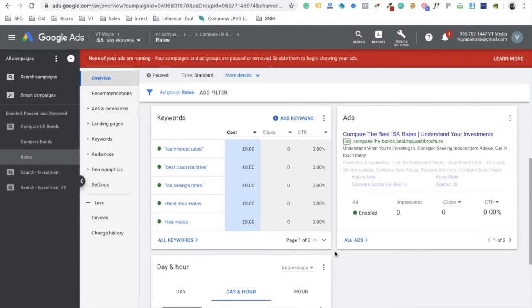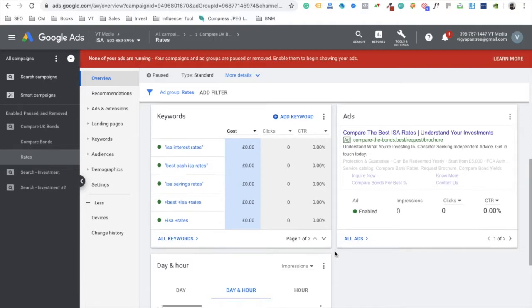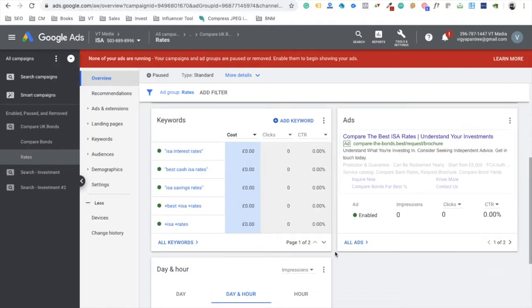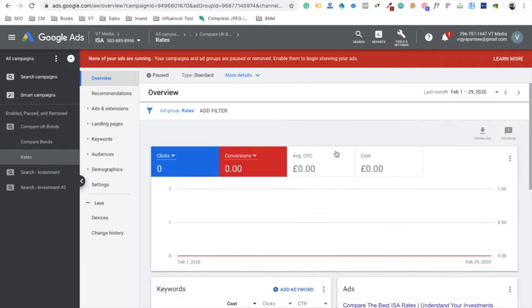But then I realized that people are just looking for rates. They're not really filling up the forms or anything. They're just there to find the rates, and if they're not finding the rates, they just bounce off. I believe this campaign didn't generate any conversions or impressions.